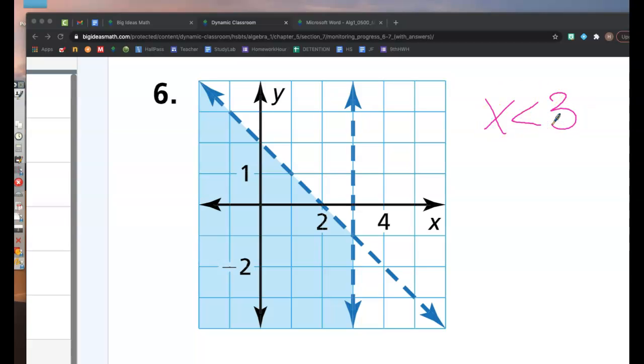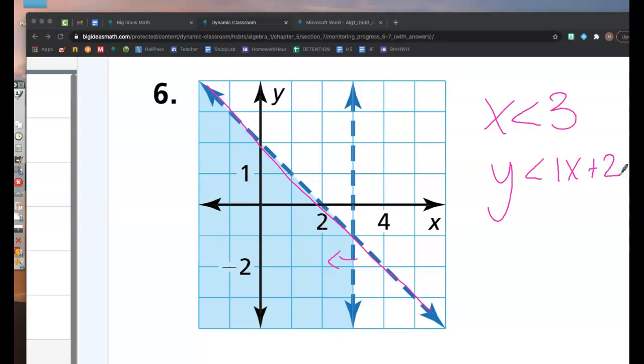Do we agree? Okay, because this is 3, and then it's shaded that way. I agree. Jaden, tell me the equation for this one. Y is less than what? 1x plus 2. Do we agree?